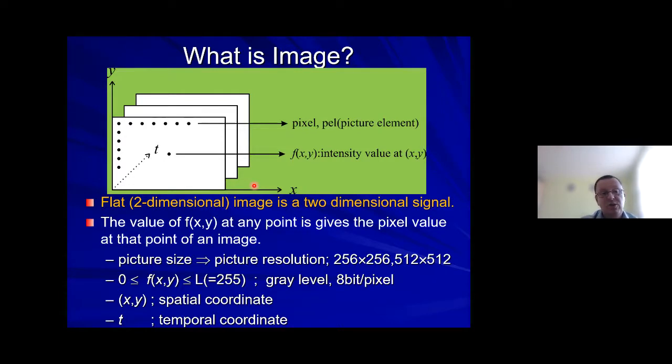Also, if you want to describe what is in fact a dynamical image, like a video sequence, it changes sequentially; it's a series of flat two-dimensional images. We change it through time with a given frequency.